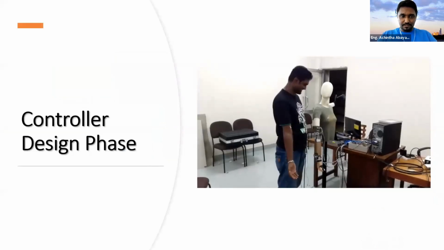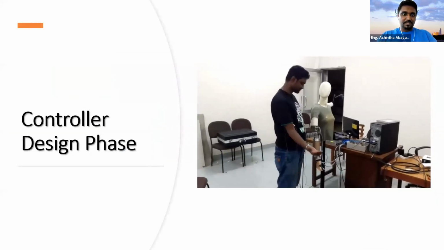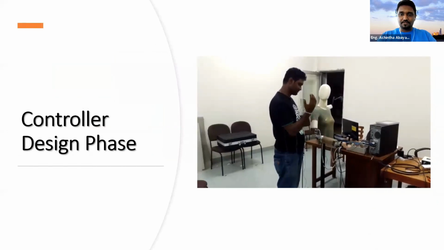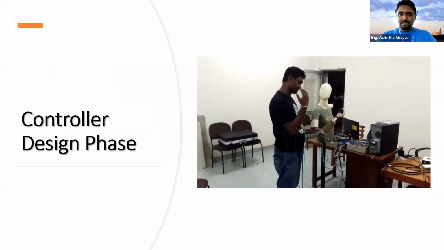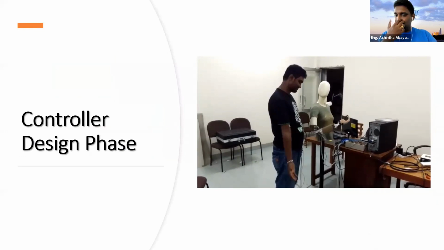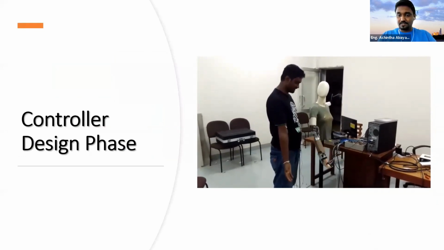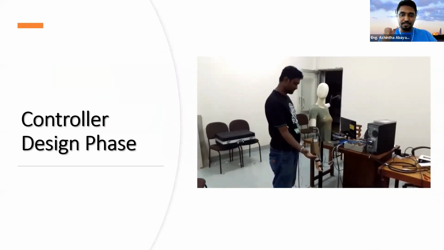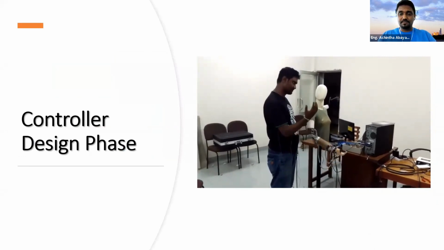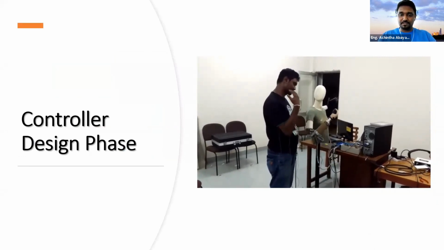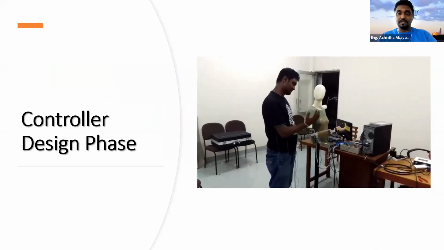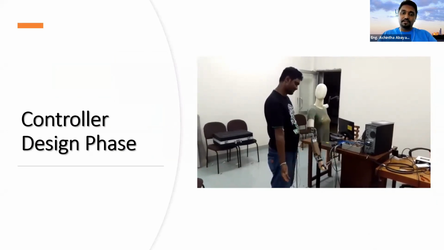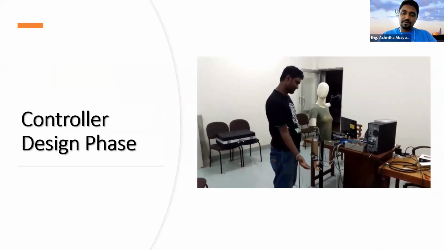So this is a video we took in the control design phase. As you can see, the arm is not moving as the signal comes from the biceps and triceps muscles. In this project, this is a transhumeral prosthetic device where the amputation is done between the elbow and the shoulder.